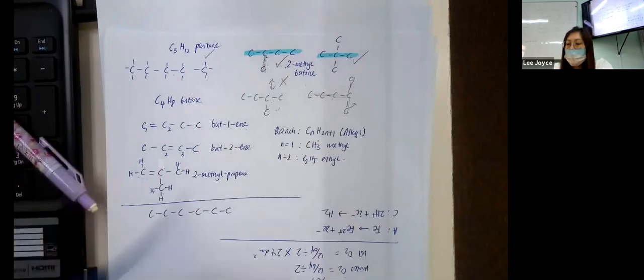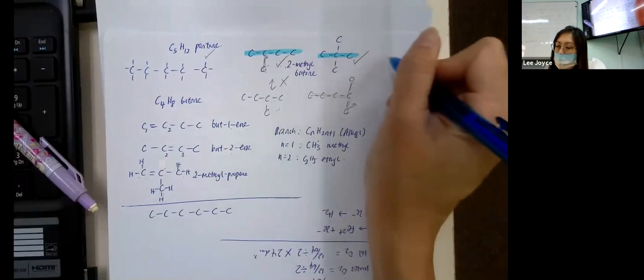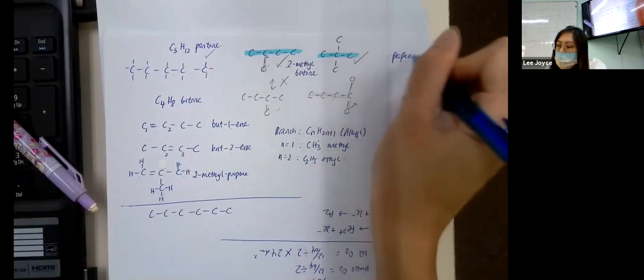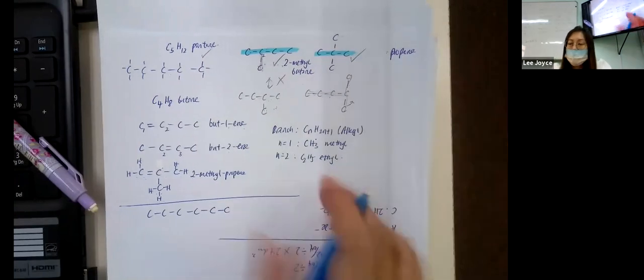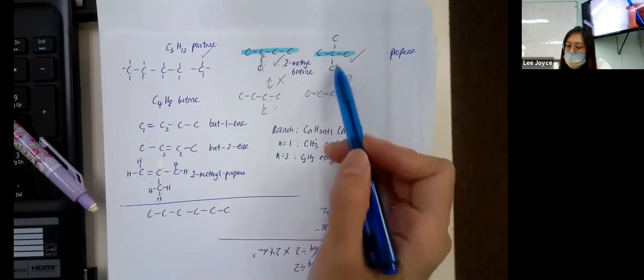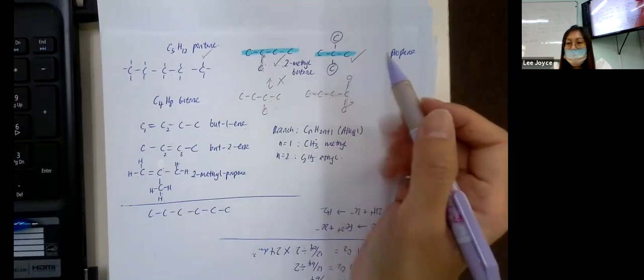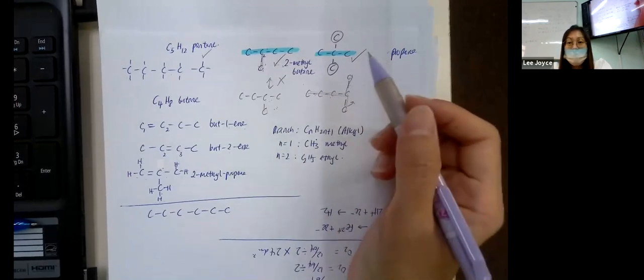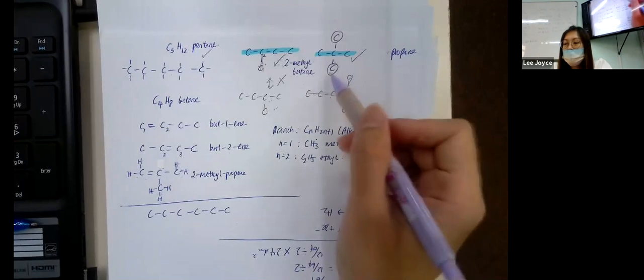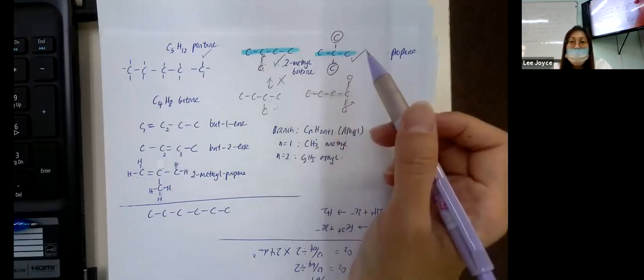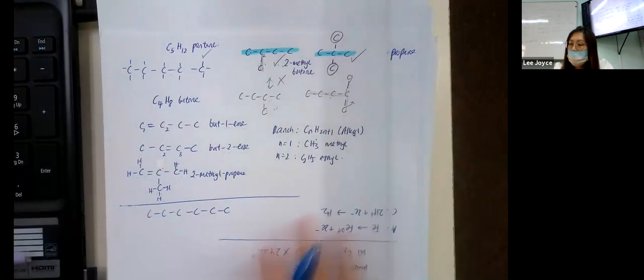So the base name will be propane. Then we look at the branches. We have a branch here, and we also have another branch here. The branches are put separately but on the same carbon atom. Each of them is called a methyl. There are 2 of them, so we call this dimethyl.